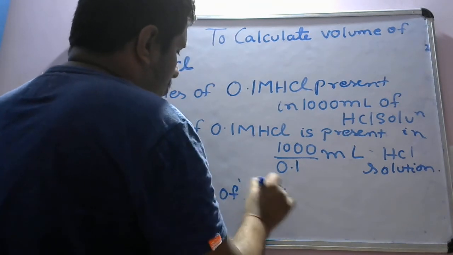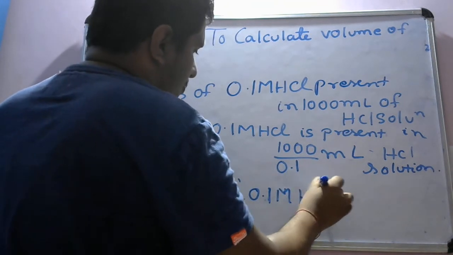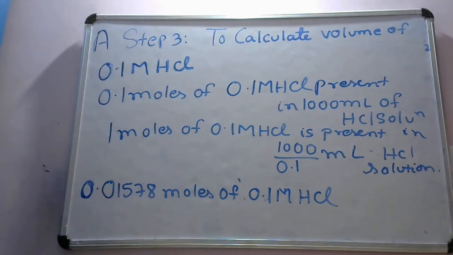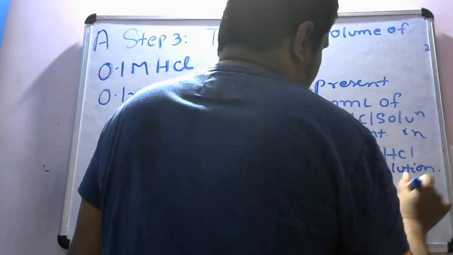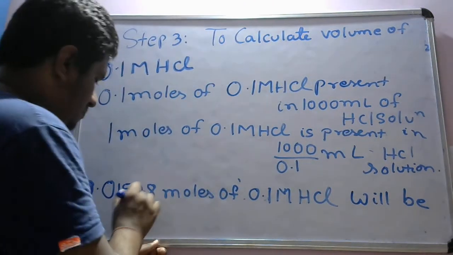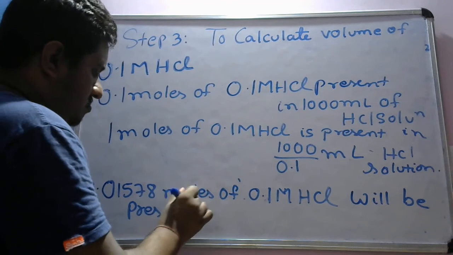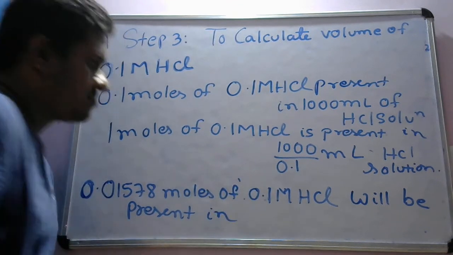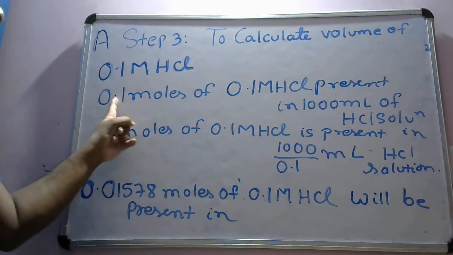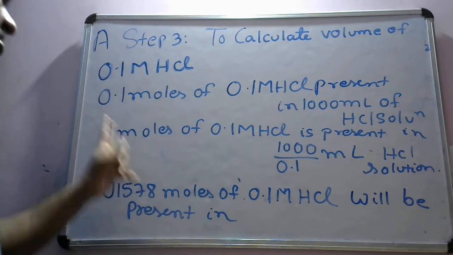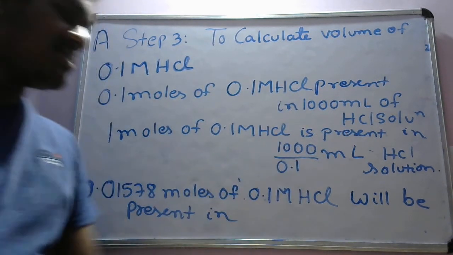This many moles of HCl in 0.1 molar HCl will be present in how much? 0.1 mole present in 1000 milliliter. 1 mole HCl present in 1000 by 0.1.